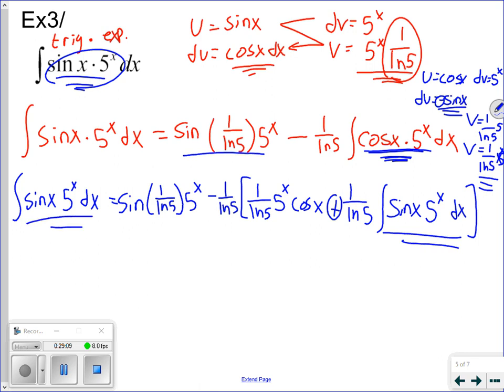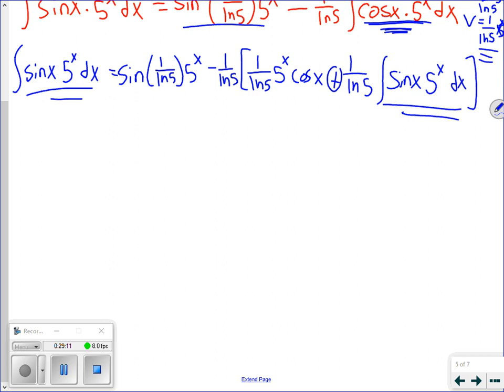So before I can shoot that over, though, I'm going to have to distribute this 1 over ln of 5. I got to get rid of all the parentheses, and then I can combine like terms. So I got sine of 1 over ln of 5 to the x.